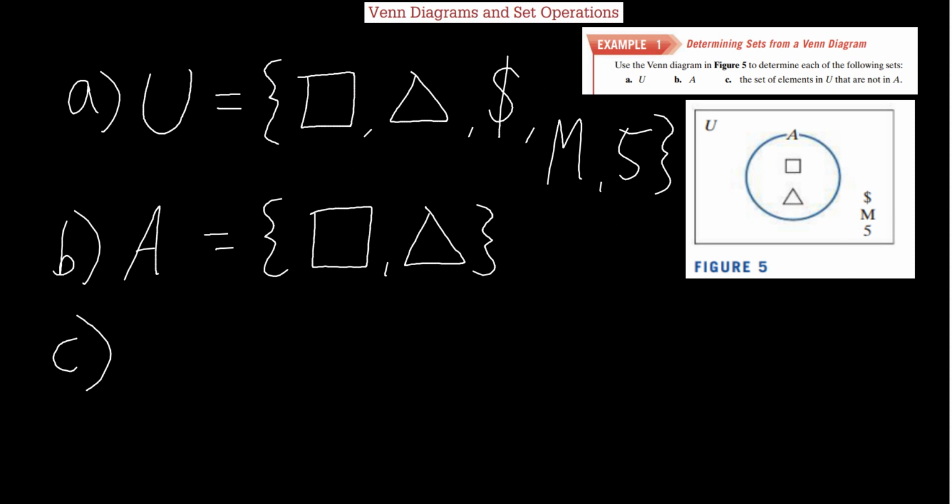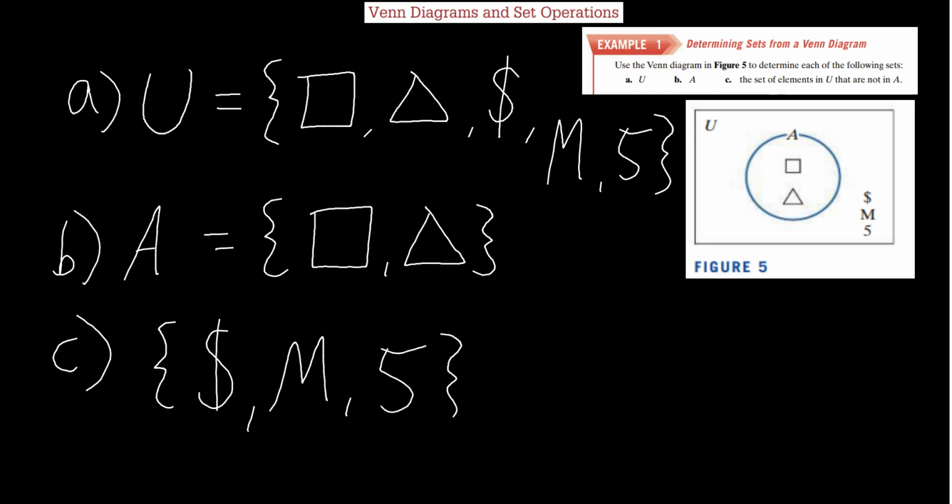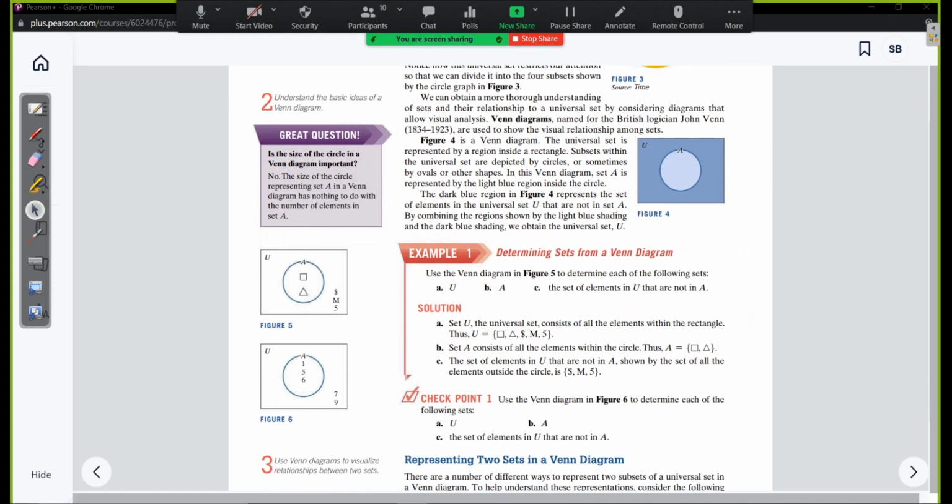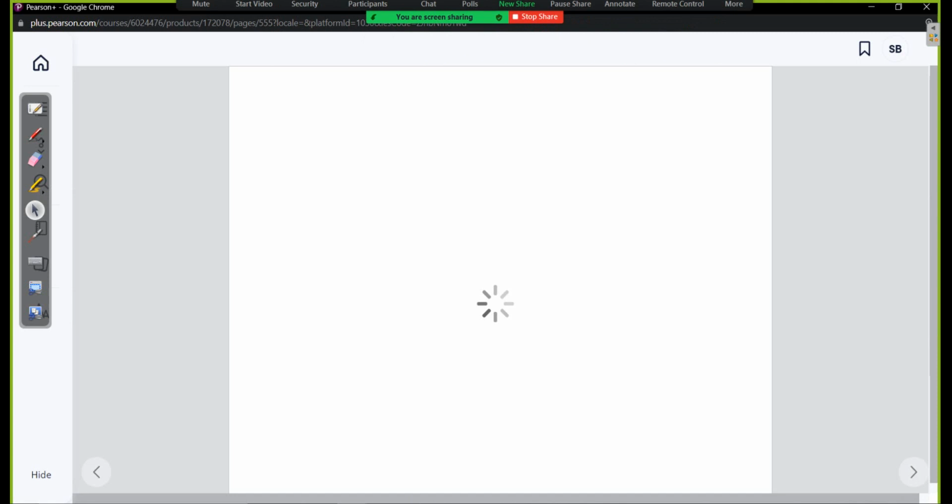There is a way to denote the set of elements in U that are not in A, but I don't think we're at that yet, and I'm pretty sure the textbook doesn't give a proper notation for that either. Yeah, they don't. So we will skip that for now.